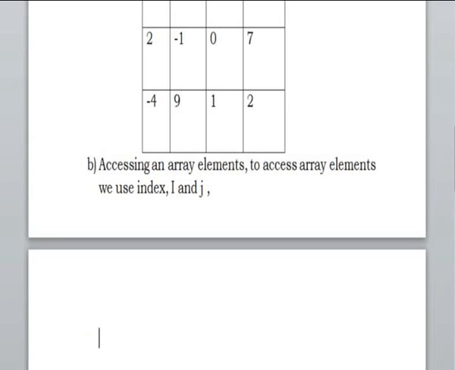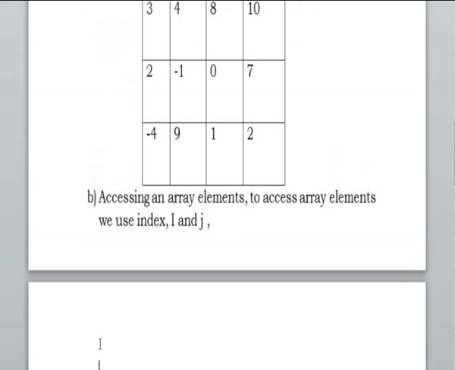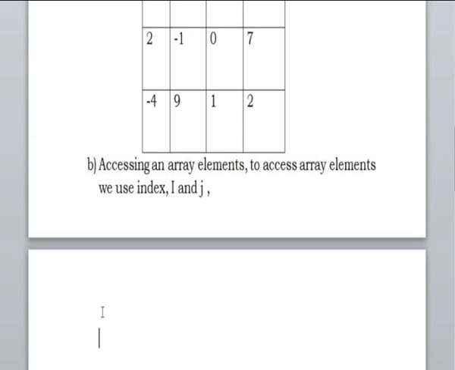And then for this one, how can I access it? To access another element, we use i and j as index. Let me give you an example to store the above elements.